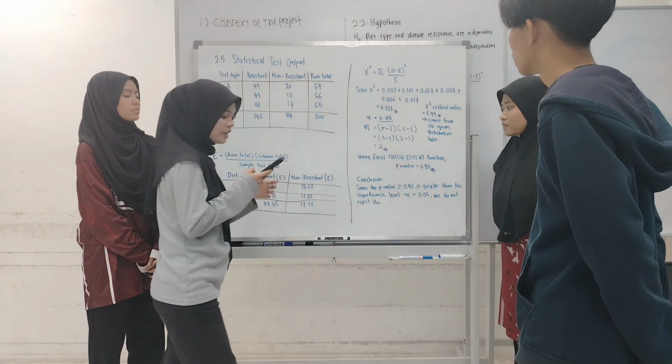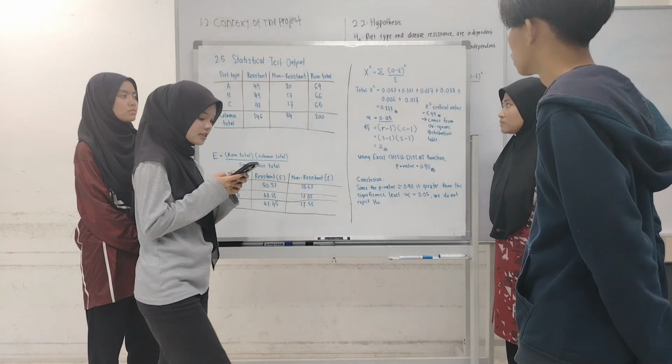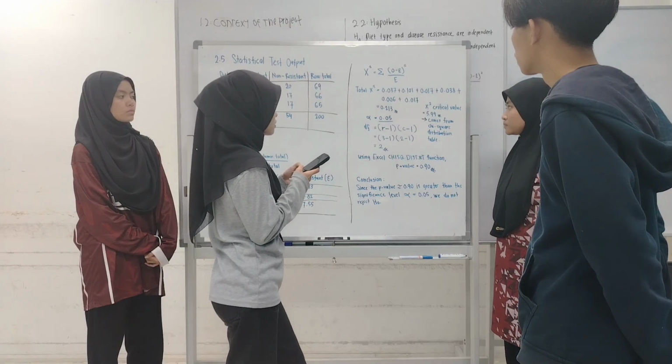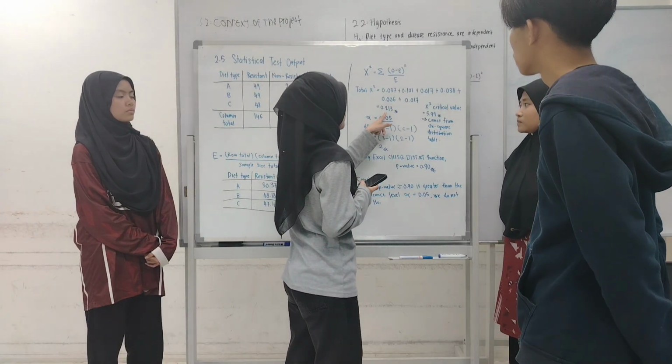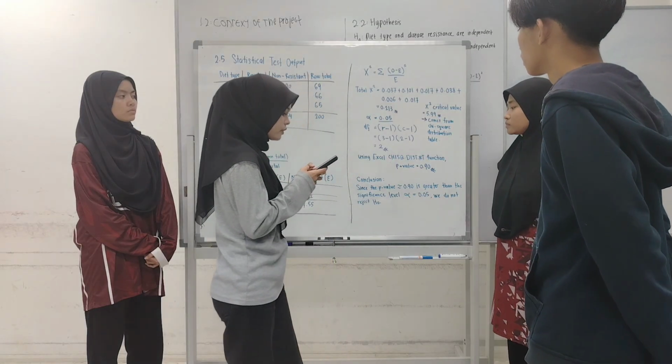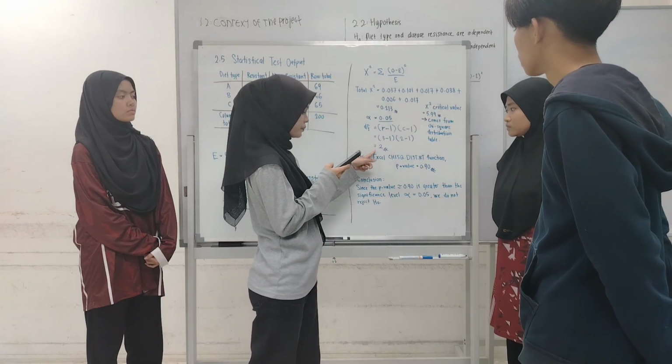Repeat this step with every data and find the sum. The total chi-square value of them was 0.213. The degree of freedom for this test was 2.